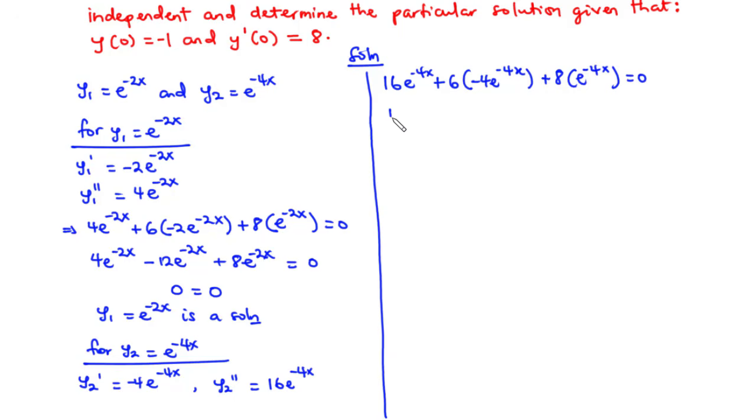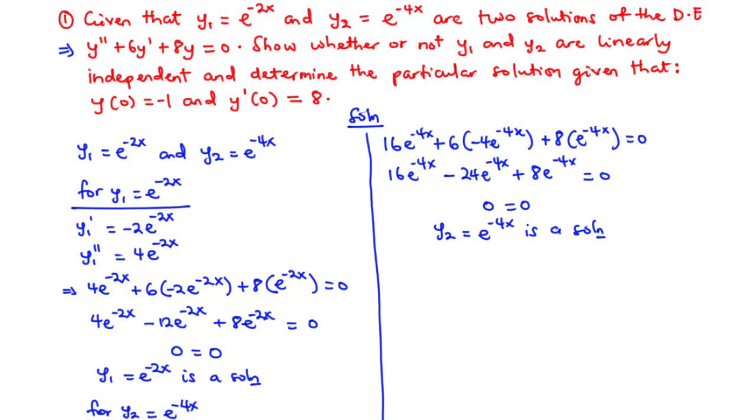So let's expand. Here we have 16 e to the power negative 4x minus 24 e to the power negative 4x, and then plus 8 e to the power negative 4x equals 0. So 16 plus 8 is 24, minus 24, so we have 0 equals 0. Since the left hand side is equal to the right hand side, it follows that y2 equals e to the power negative 4x is also a solution to the differential equation.